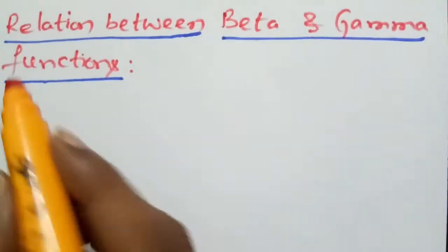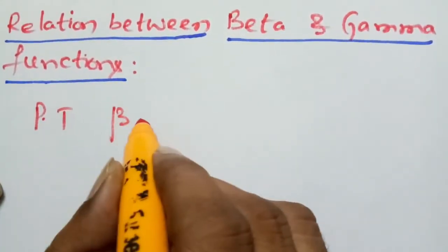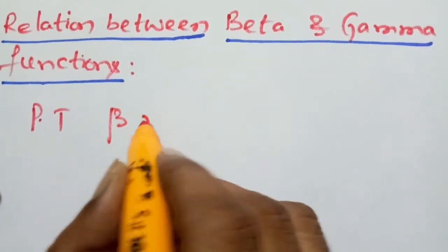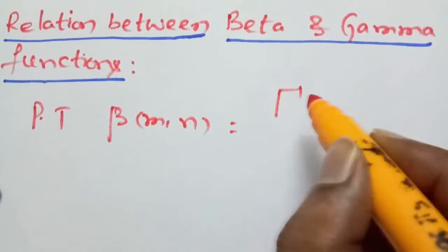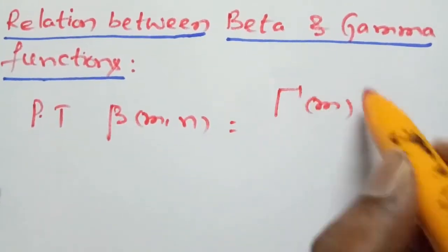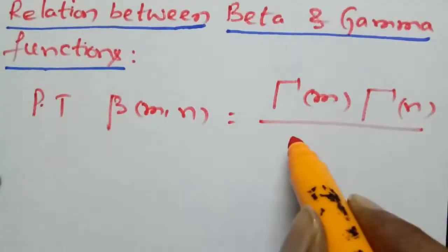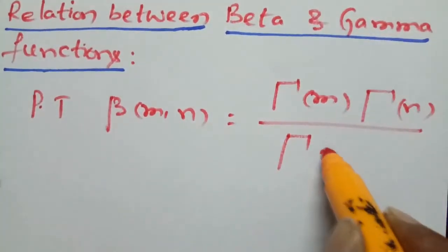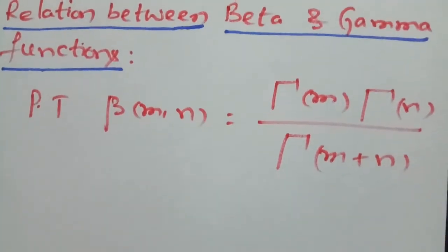Prove that beta of m comma n is equal to gamma m into gamma n by gamma of m plus n.